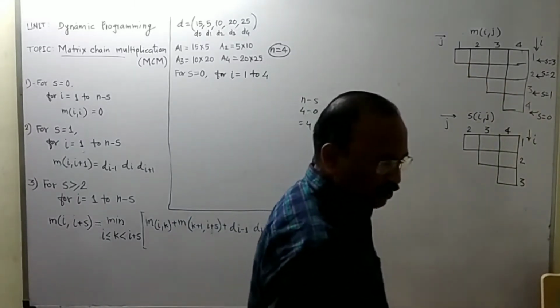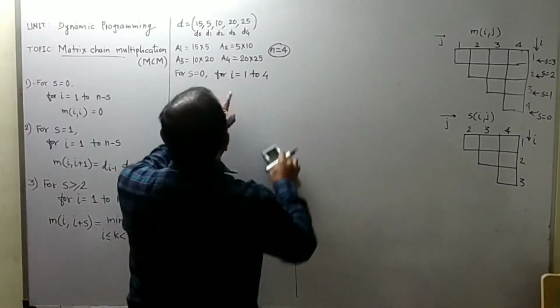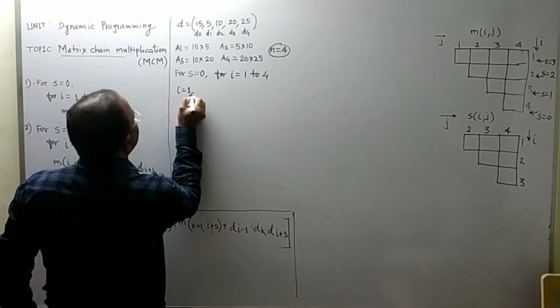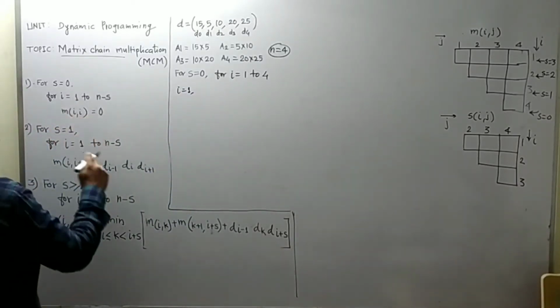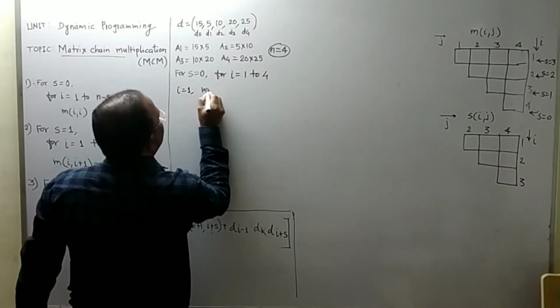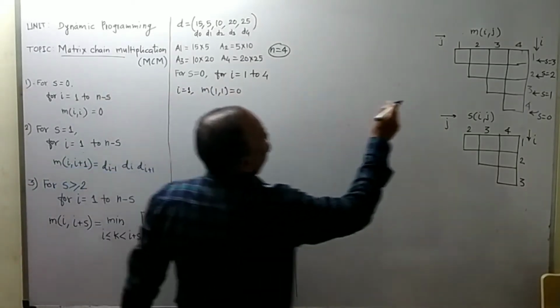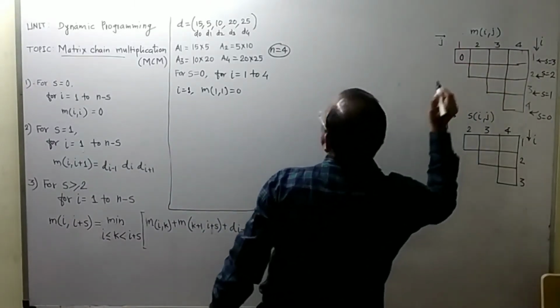We have to find out the values for these cells. Now start from I is equal to 1. For I is equal to 1, use the formula m of I comma I is equal to 0, meaning m of 1 comma 1 is equal to 0. Put 0 in that cell.